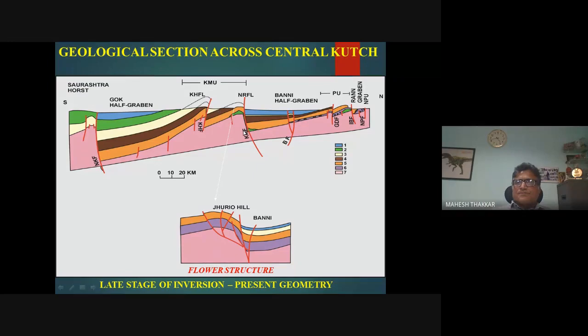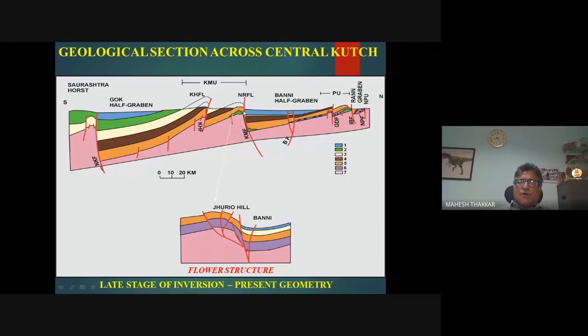This is south. So this we can say is a half graben, and presently this particular half graben is filled by the Bunni. Bunni is a grassland, so that is why we call it the Bunni half graben.